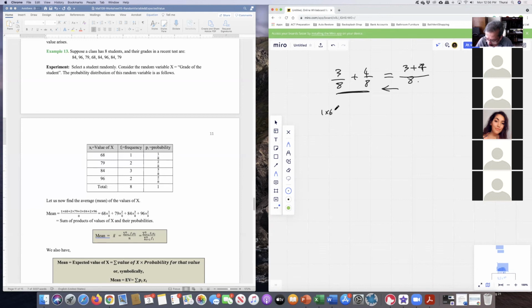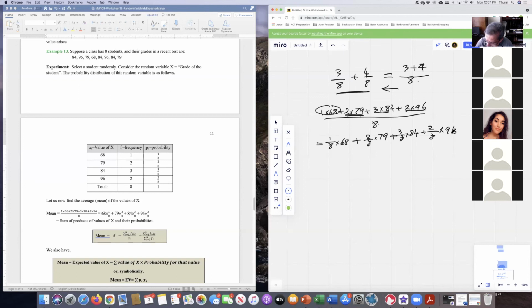1 times 68 plus 2 times 79 plus 3 times 84 plus 2 times 96 over 8 can be split to write this over 8, which is same as 1/8 times 68, plus this over 8, which is 2/8 times 79, plus this 3/8 times 84, plus this over 8, which is 2/8 times 96.